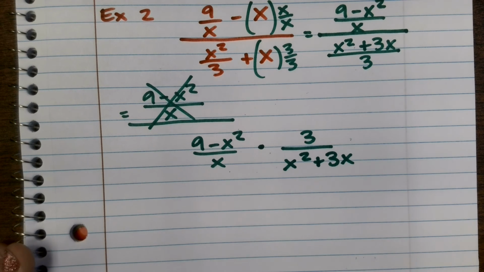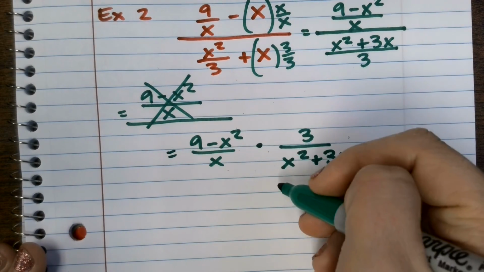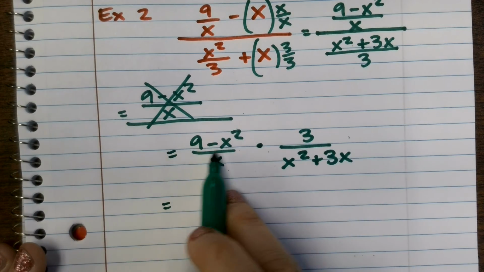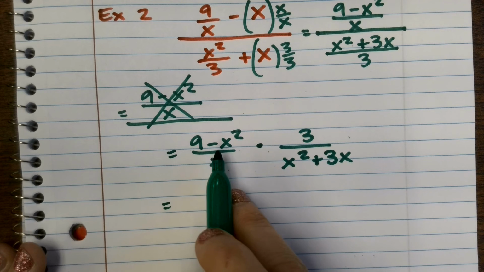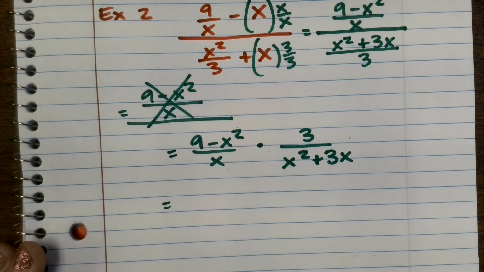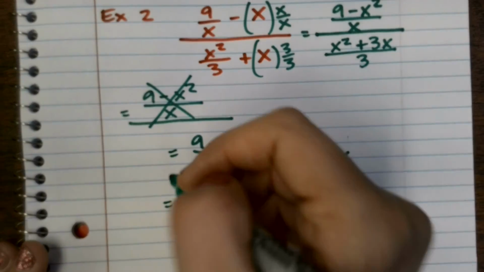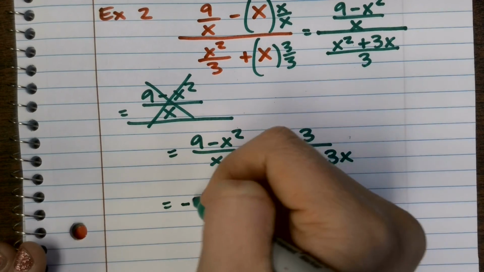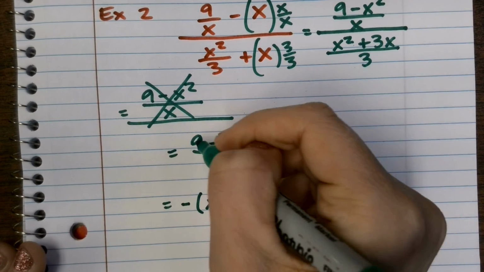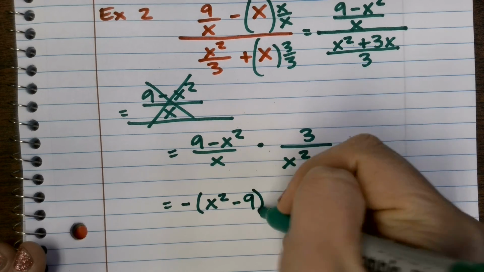Now it looks like I've got some factoring that I could do. This guy looks almost like what we normally have when we are factoring something like that, but typically it's an x squared minus 9. So a little trick here: if I want this to look more normal, what I'm used to factoring, I can factor out a negative, and now I have an x squared and a negative 9.